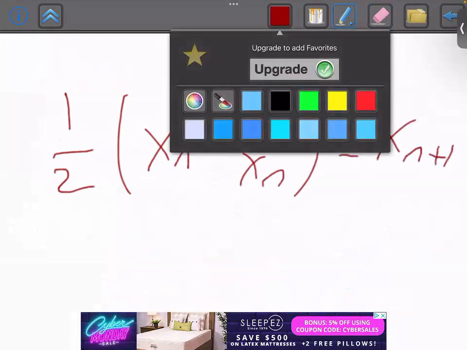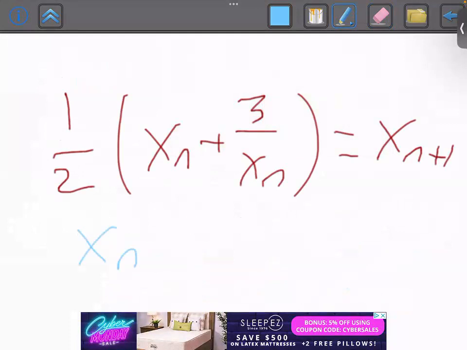If you were incredibly lucky, what would be the luckiest value of xn you could have in terms of trying to estimate the square root of 3? I'm sorry? Nope. There's only one number. What's the best number to try to get the square root of 3?